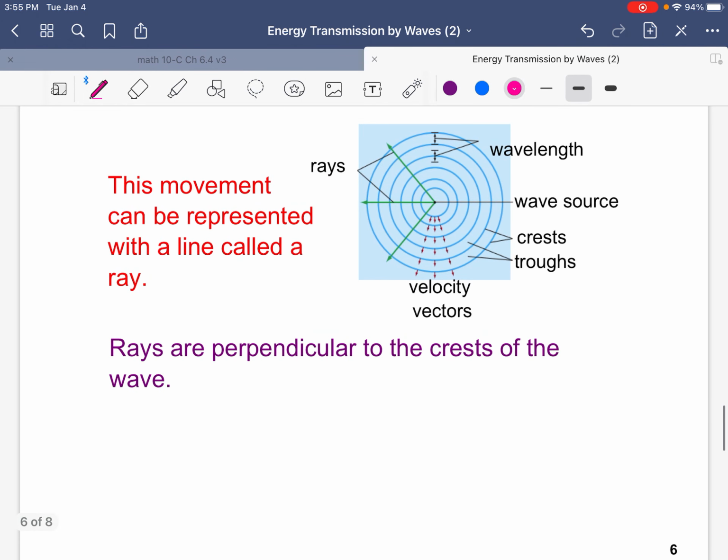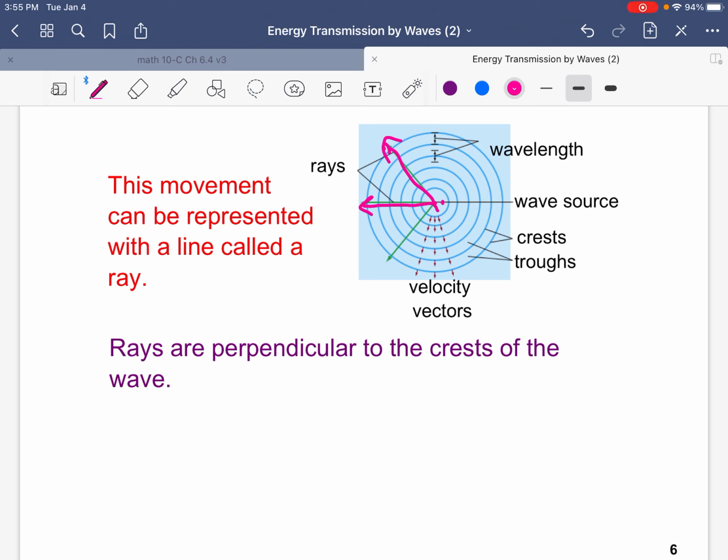Now, this movement can be represented with a line called a ray. So, you look at any point here, and you look out. You will see that the waves are moving away. Sorry, psychotic puppy.